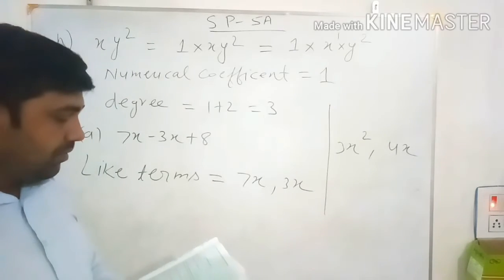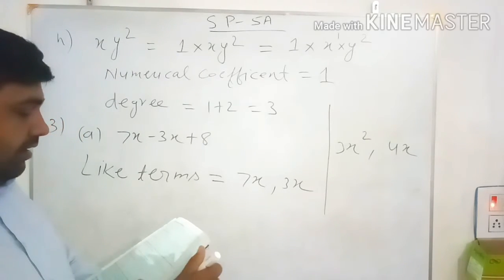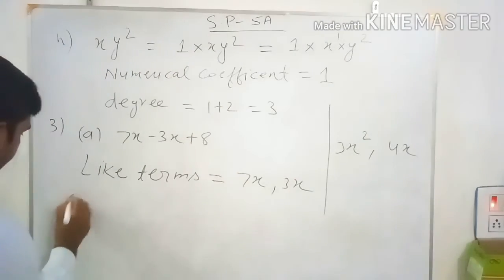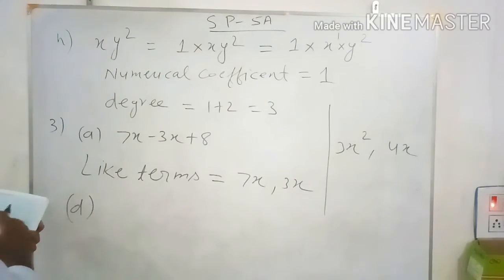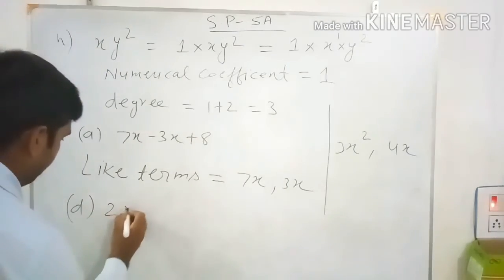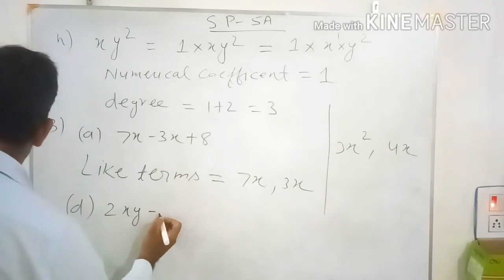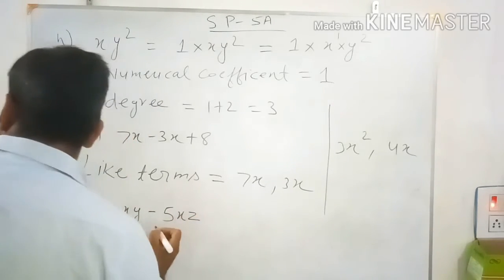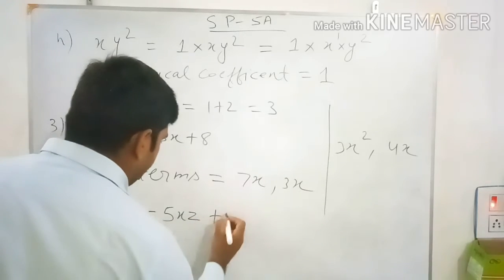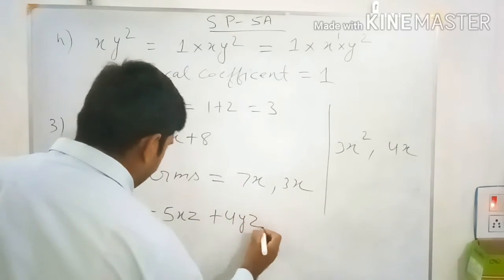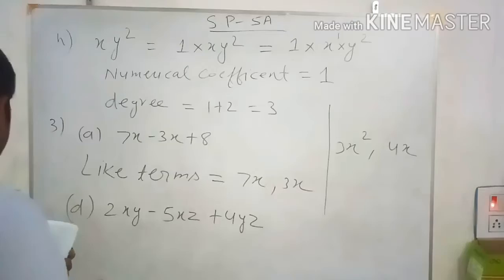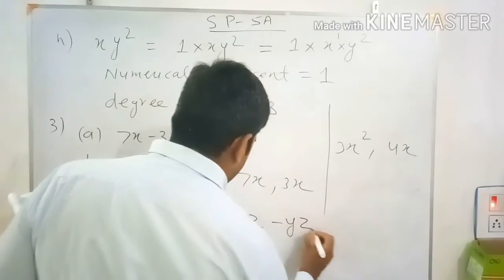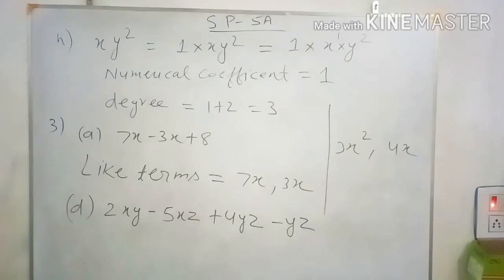Similarly, we can do question number D. See, in D we have 2xy minus 5xz plus 4yz minus yz. In this expression, what are the like terms?